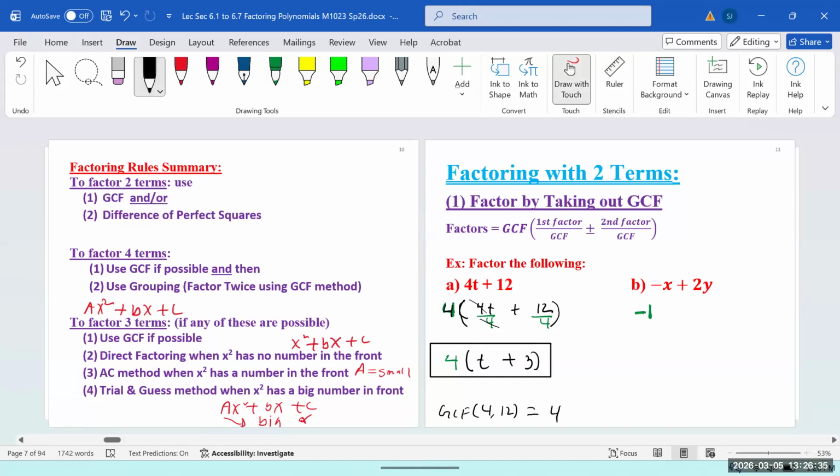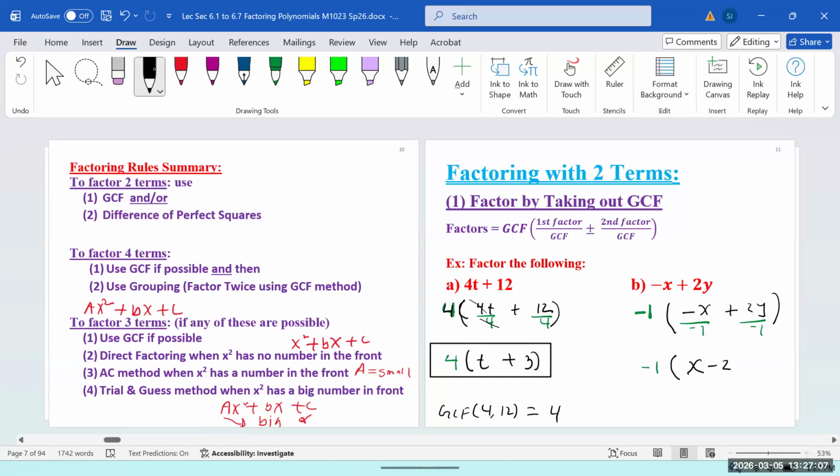Now, once you know your common factor is negative 1, you have negative x plus 2y. This mental part, you make it visible so that you can see after we factor out our negative what is left in our polynomial. What is left in the first term? x, good. And what is left in the second term?